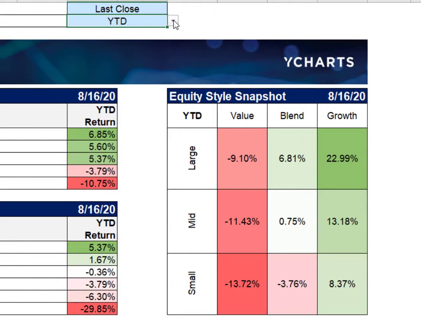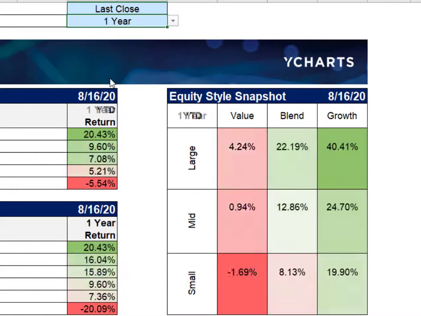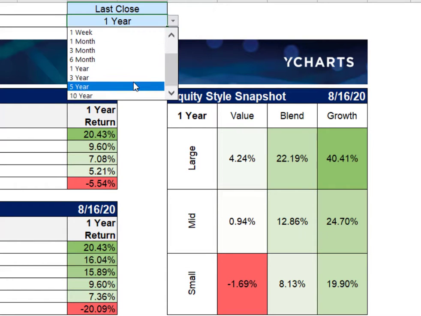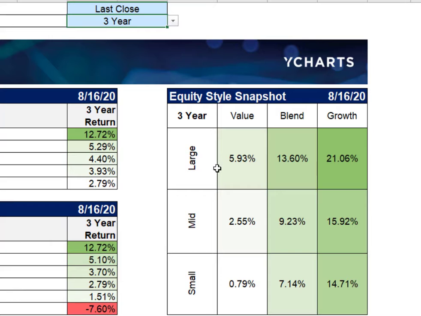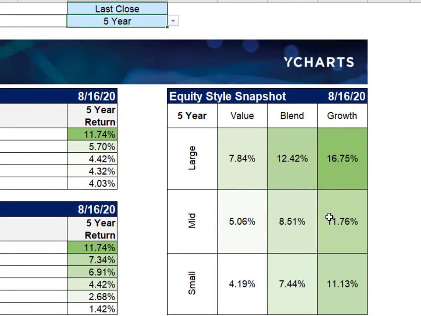And if we go through the periods here, if I look out over a 1 year period, that looks just about as bad. Growth is still 35% outperforming value in the large cap space. And again, small caps are underperforming. If we go out 3 years, it looks like the margins are narrowing a little bit, and at 5 years they seem to be narrowing even a little bit more.